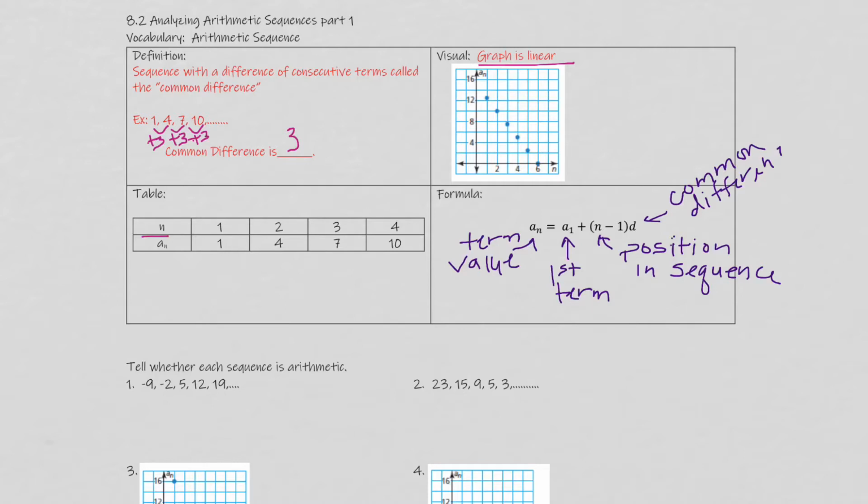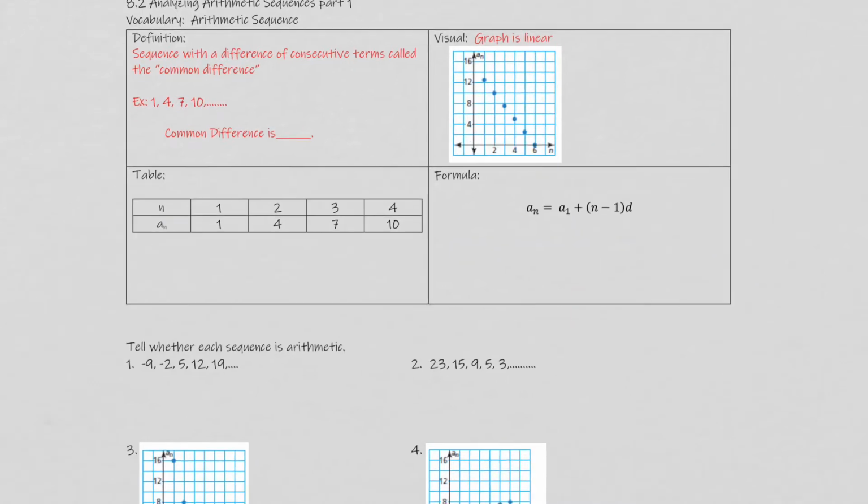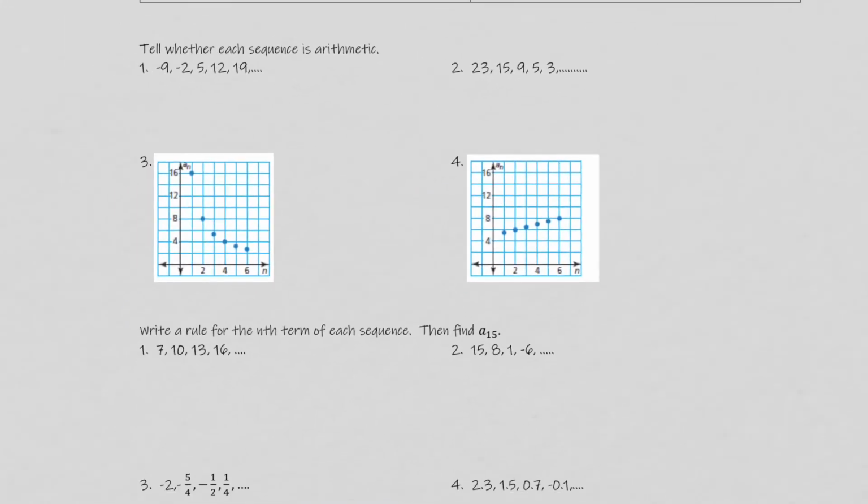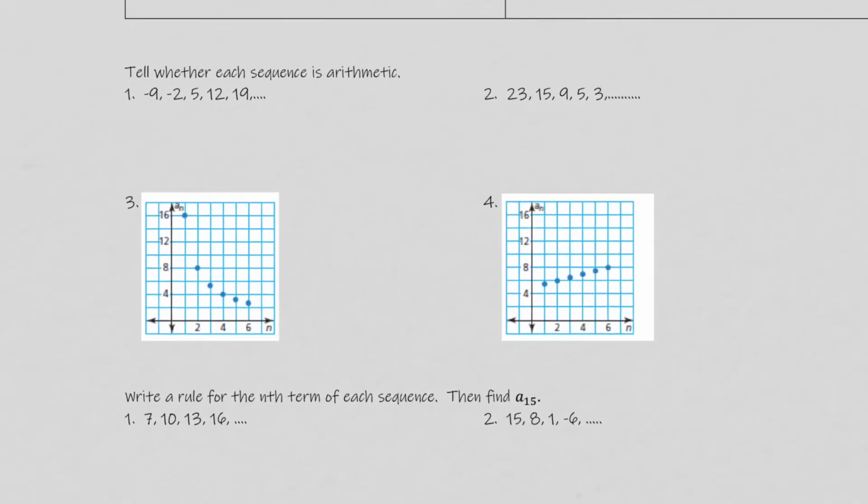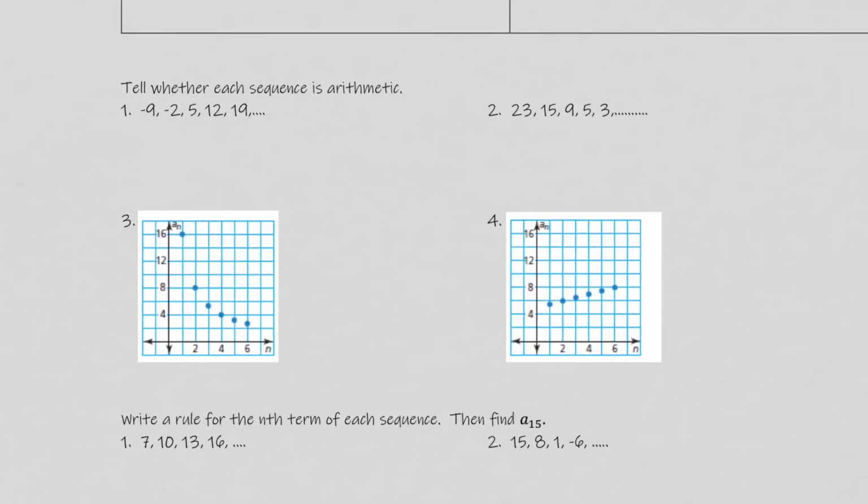All right, so let's get to looking at some of these. The first part here, we're just going to say, is it arithmetic or not? So we're looking for that common difference. On the first one, between negative 9 and negative 2, this went up 7. Between negative 2 and 5, it went up 7.